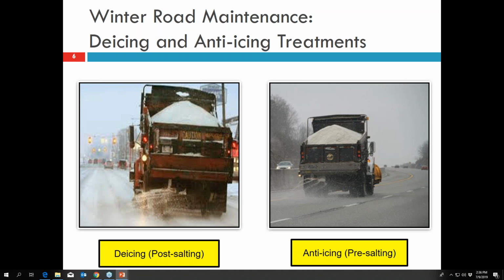But for anti-icing, the main benefit is that you can prevent snow bonding, so the plowing operation becomes easier. The problem with anti-icing is that if the snow forecast changes, you lose the material. Also, due to wind and traffic action, you lose some material from the road.